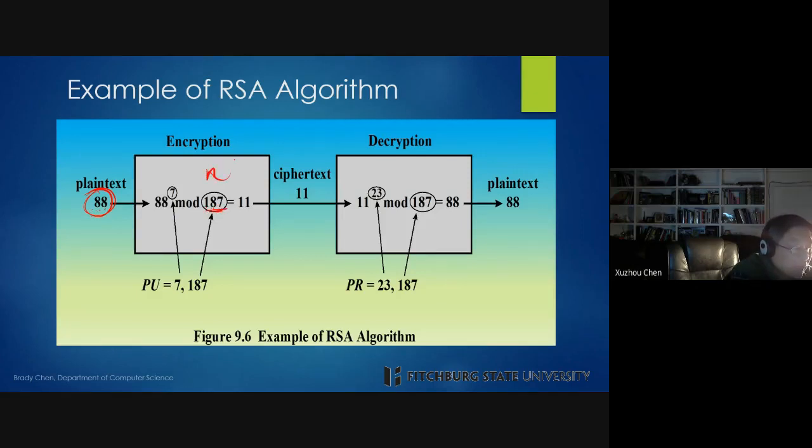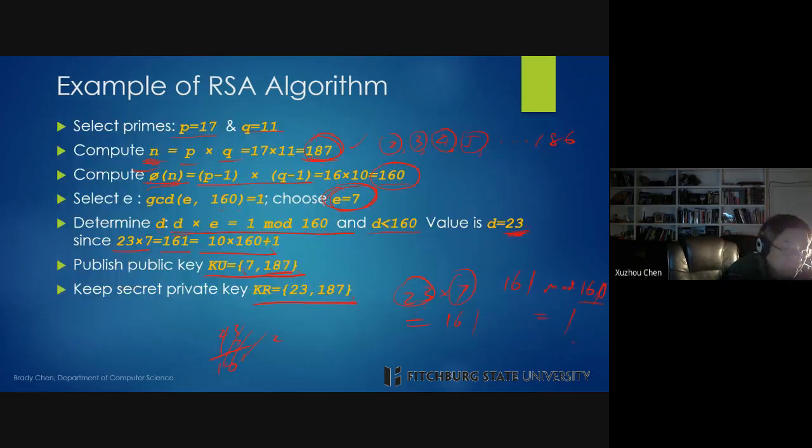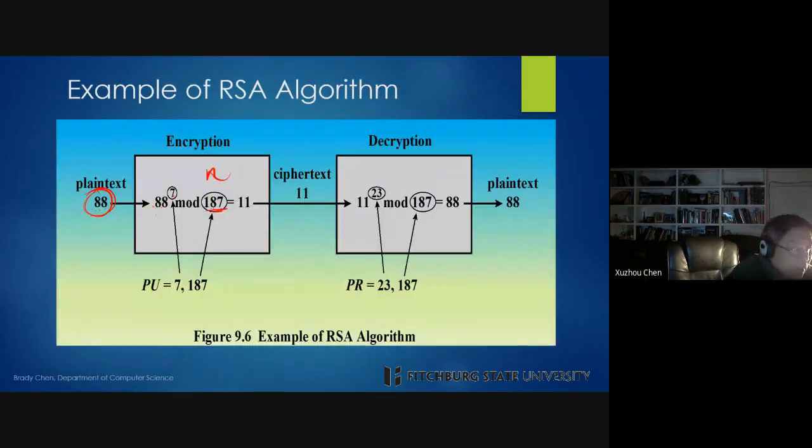Okay. So when you try to figure out the encrypted message, you say 88, that's the plain text, to the 7, that's the public key, modulo 187, and you get 11. So now you can send 11 to the destination, that's the ciphertext.